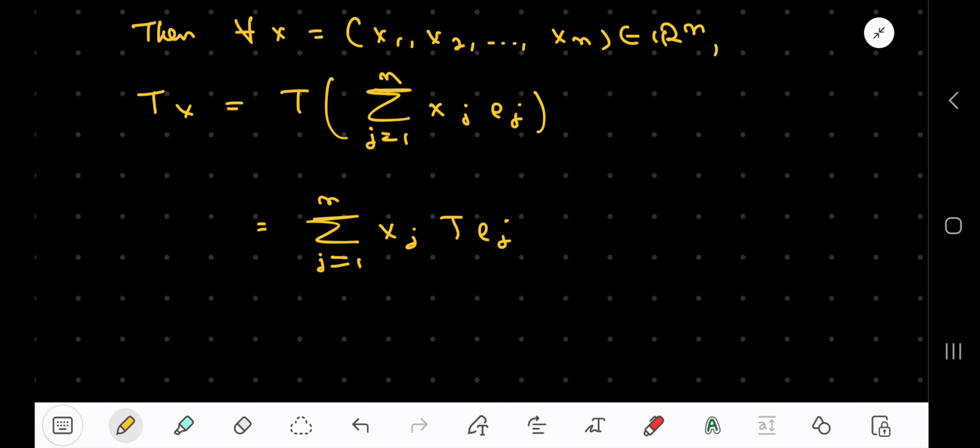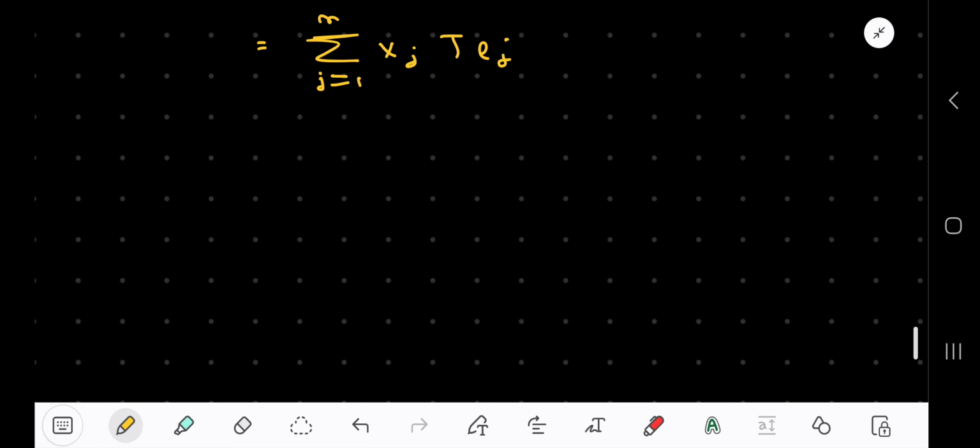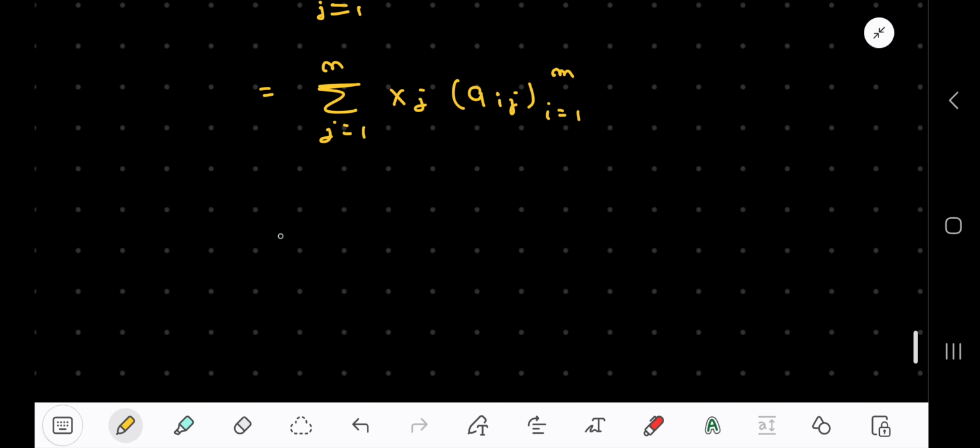But how was T of ej written? T of ej was written in terms of the row vector aij, right? So this is nothing but the summation j equal to 1 to n of xj times aij, where i ranges from 1 to m, right? But then you can easily observe that this is nothing but the summation j equals 1 to n of aij times xj, i equals 1 to m, right?